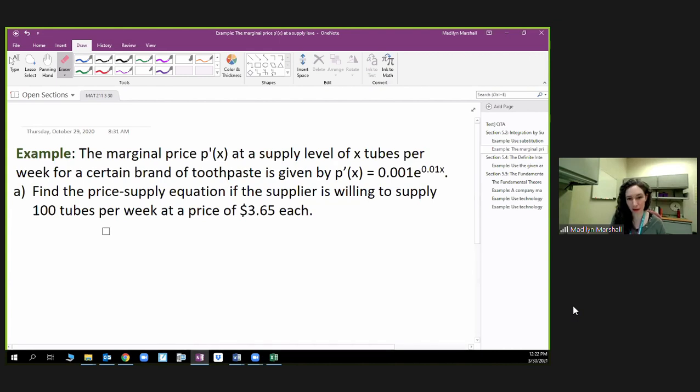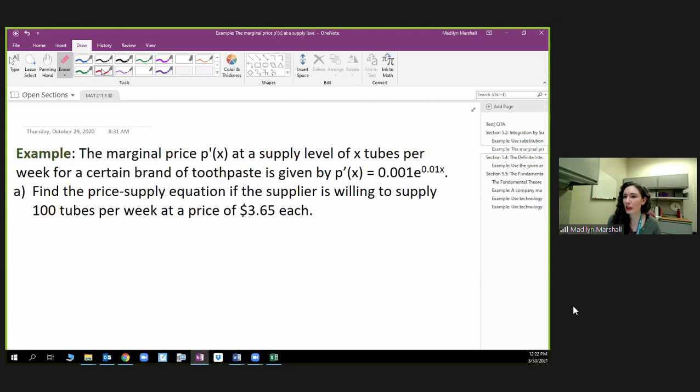So marginal, whatever, always means the rate of change of that thing. So in this case, we know the marginal price equation, but our task is to find the price supply equation if the supplier is willing to supply 100 tubes per week at a price of $3.65 each.